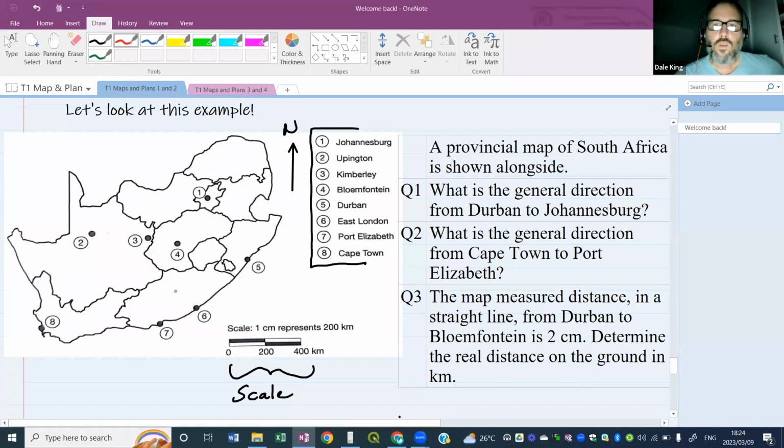So we're going to Port Elizabeth, which is 7, and we've got Cape Town, which is 8. And I'm going from Cape Town, so I'm going to put my imaginary compass on the 8, and I'm going to draw a line to the 7. So this is north at the top.